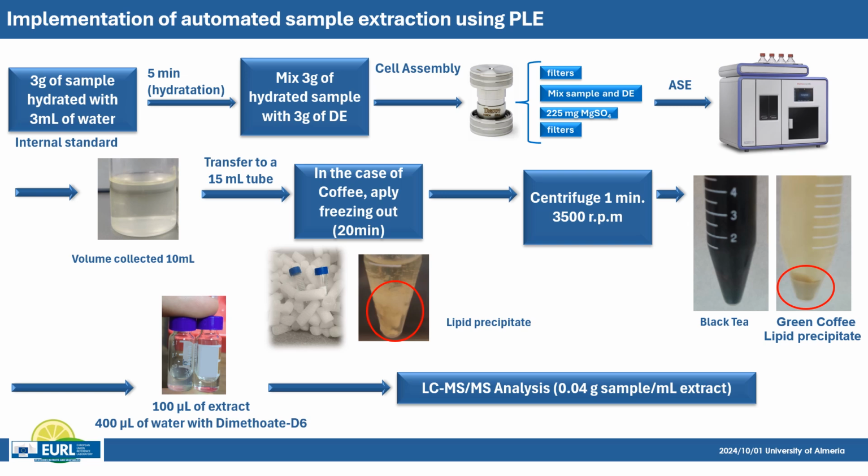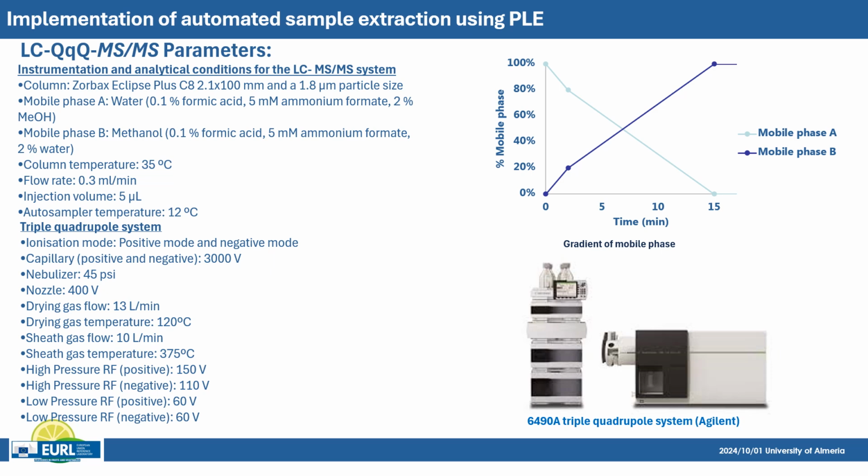As a result, 0.04 gram of sample per milliliter of extract is injected in the LC-MS system. This slide shows the parameters of both the liquid chromatograph and the mass spectrometer, in this case a triple quadrupole.